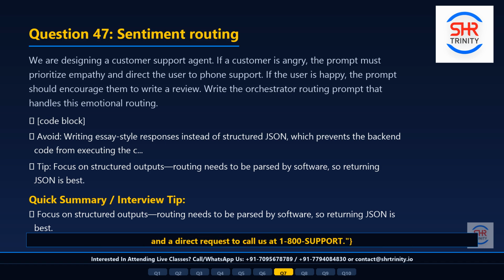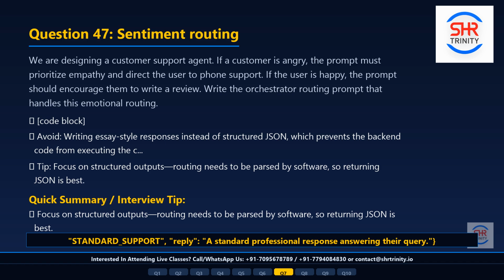If the sentiment is positive (happy, thankful, excited), output JSON: route: review_prompt, reply: a warm thank you message and a link to review us on Google. 3. If the sentiment is neutral, output JSON: route: standard_support, reply: a standard professional response answering their query. User message: {user_message}.